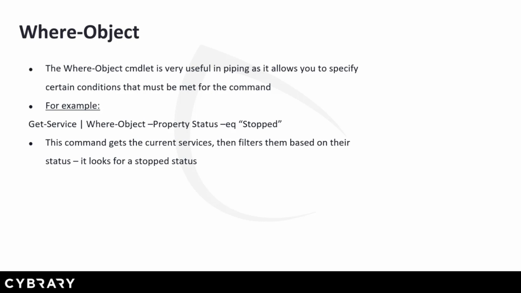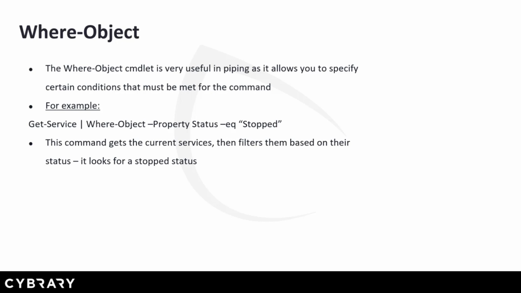Where-Object. This is the first command that will be very useful for you. It allows you to specify certain conditions that must be met for the command in order to run. For example, here we have Get-Service | Where-Object Property Status -eq Stopped. What this will do is it'll get the current services, then filter them based on their status.